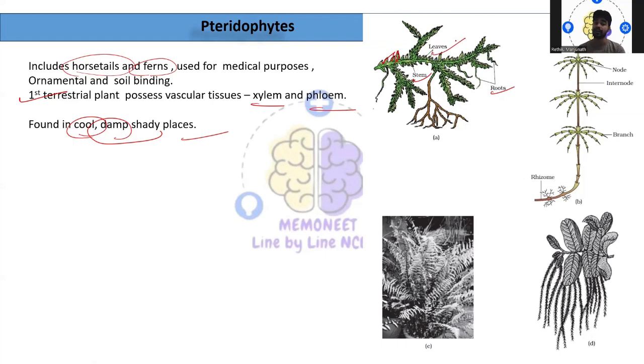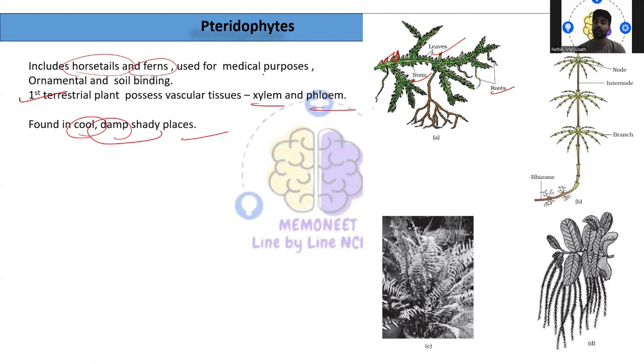In the bryophytes you were seeing root-like, stem-like and leaf-like structures, whereas in pteridophytes you are actually seeing true roots, stem and leaves. This is another very important point. The organism possesses a well differentiated body.